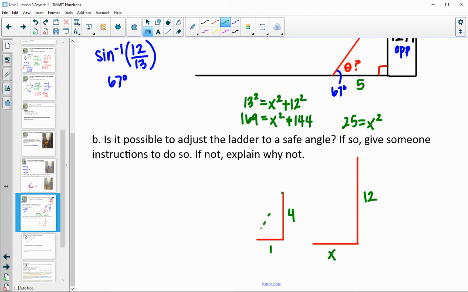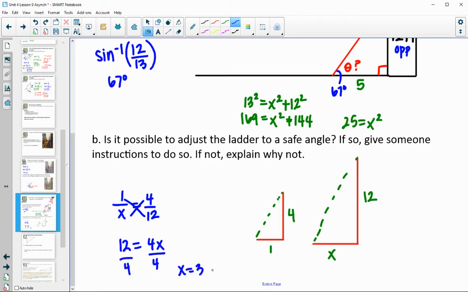And we've got these kind of similar triangles here. So you can set up a proportion. So you can say 1 compared to x equals 4 compared to 12 and cross multiply. So you get 12 equals 4 times x, then divide by 4. So you get x equals 3.